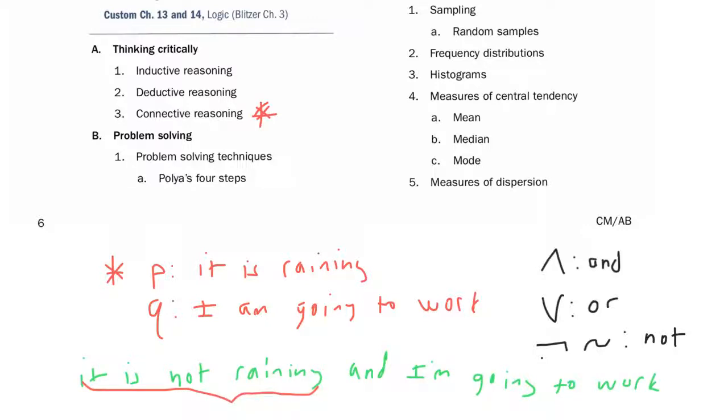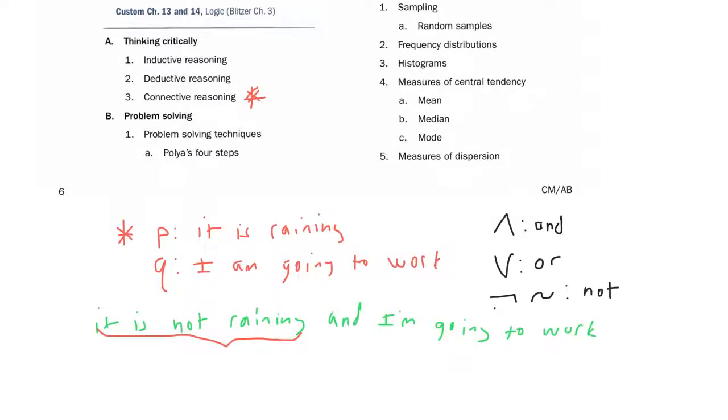So it is not raining would be not P. Because P is it is raining, not P is it is not raining. The word and would be written as this symbol. And I am going to work is already represented by Q. So, boom. And to sum it up, the answer would be not P, upside down V, Q.